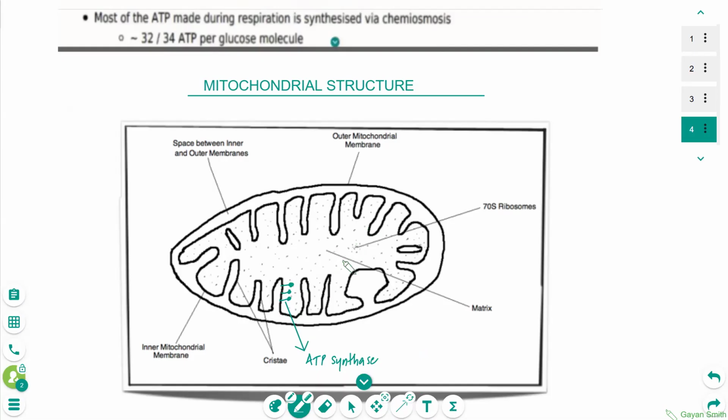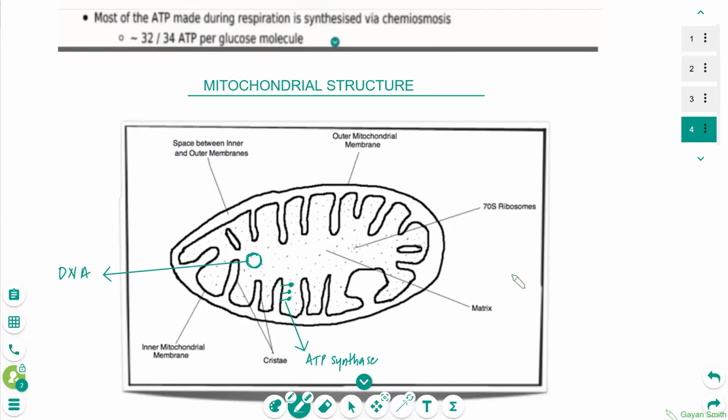In the matrix, which is inside, you see some black dots that represent the ribosomes. The other thing you should add is some DNA, because the mitochondria has its own mitochondrial DNA, right?